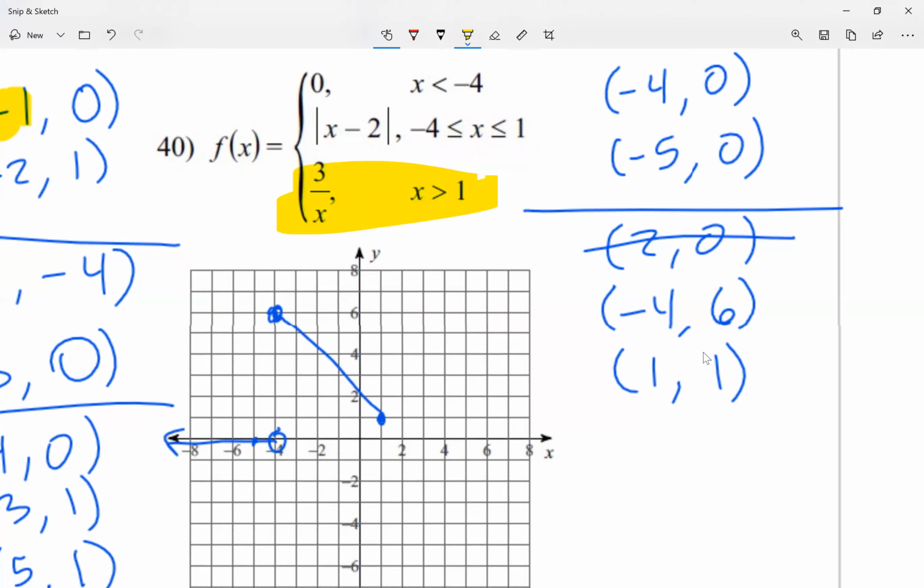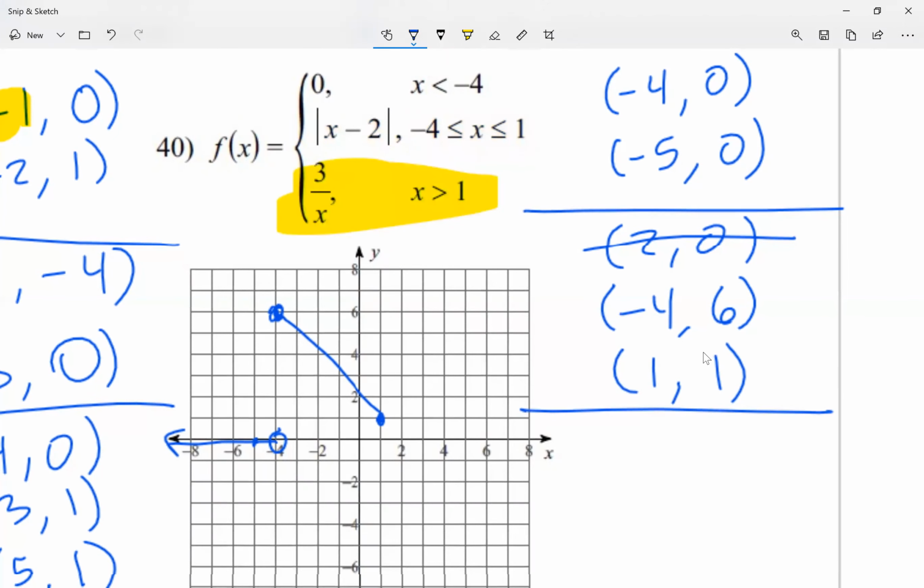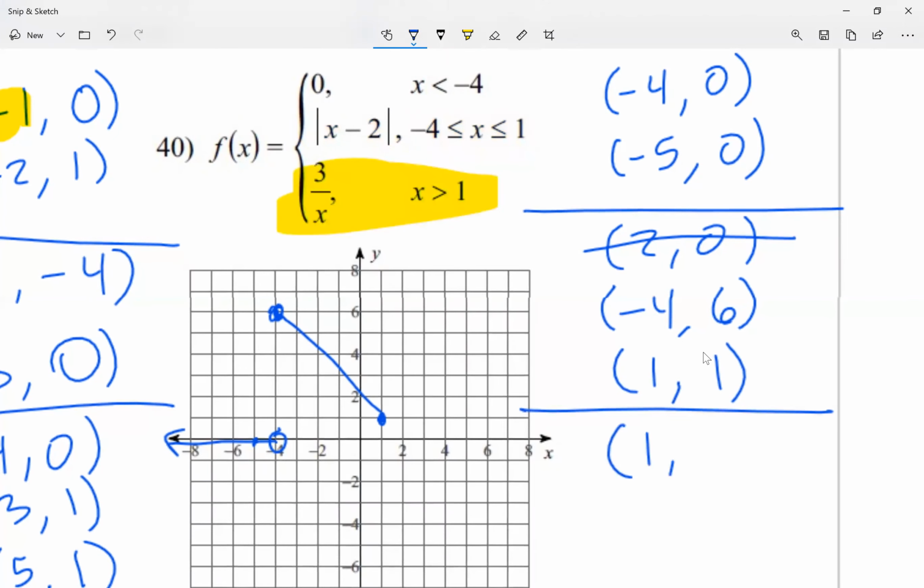I'm looking at this value right here. x is at the bottom. Remember those? I said the value of the graph is trying to approach the x-axis. So let me draw a line. What if x is equal to 1? So that gives me the point (1, 3), which is just 3 over 1, which is 3.